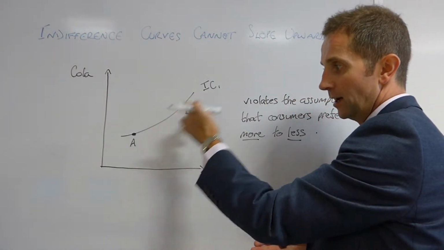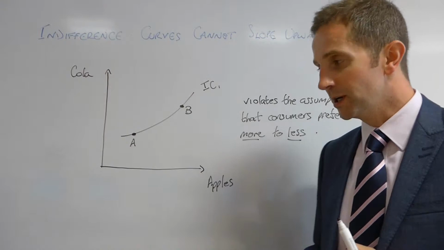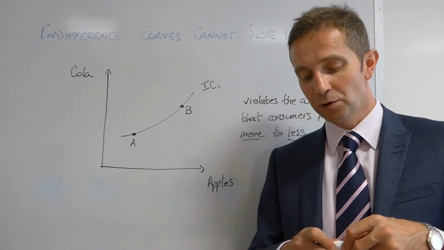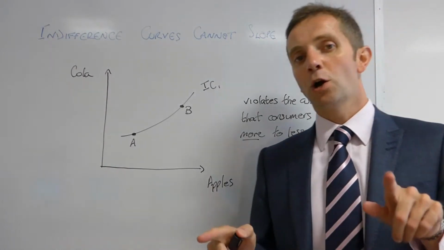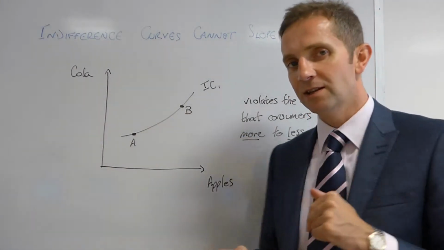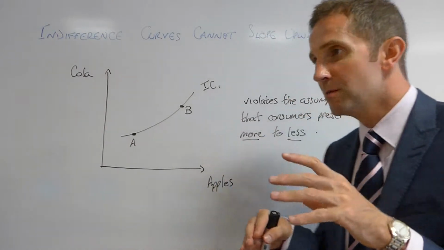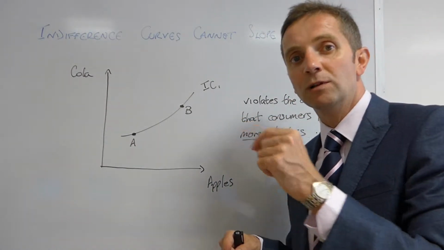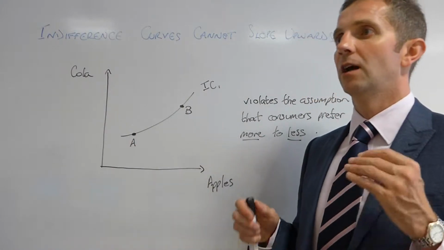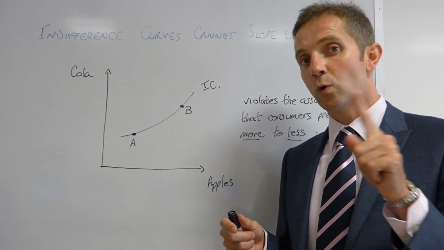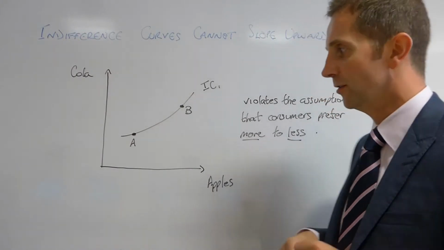And I've drawn you an indifference curve here which is sloping upwards. So if we remind ourselves what an indifference curve shows us, it shows us the combination of the two goods, in this instance, between which the consumer is indifferent. So one bundle will yield the same satisfaction as another bundle on the same curve, although the quantities of both goods will obviously be different.